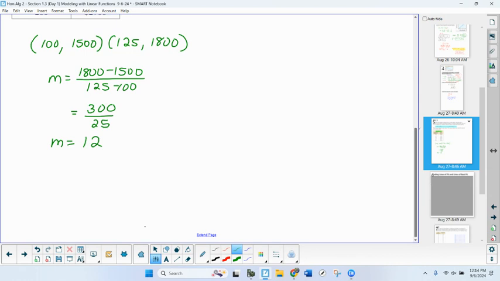Y equals mx plus b. Okay, so which point do you want to use with your m? The first one. So when you go into y equals mx plus b, what are you plugging in for y? 1,500. How about m? 12. X? 100.